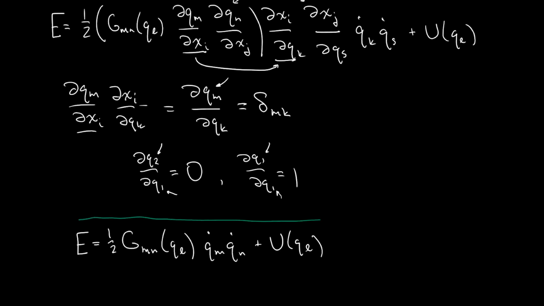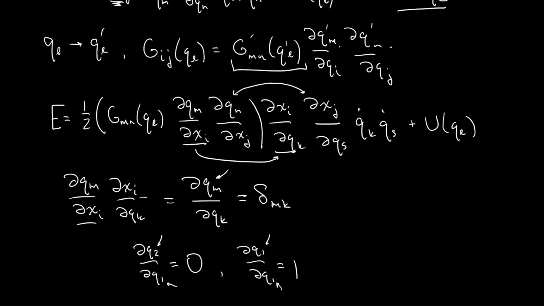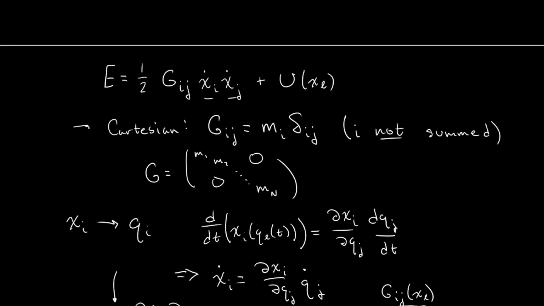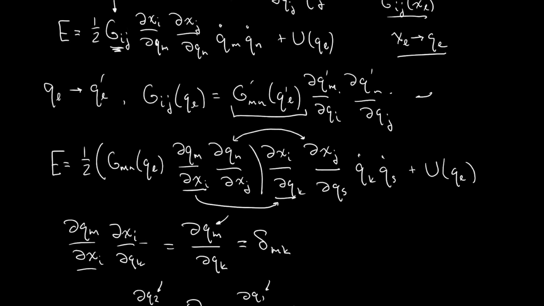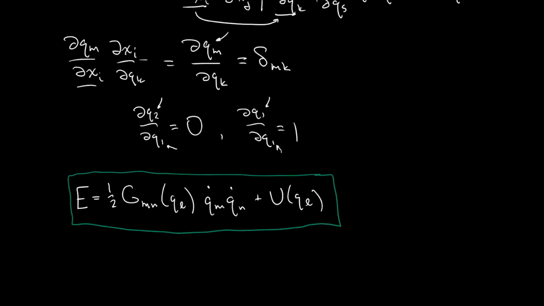And you see, this has exactly the same form as what it had before. It sort of almost artificially has the same form because we defined this transformation property specifically so that it would keep its form.